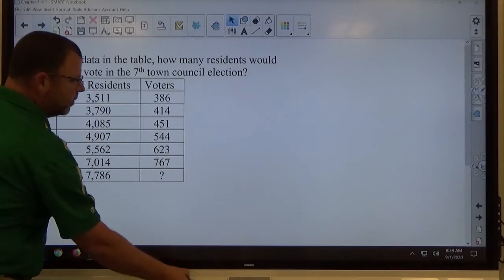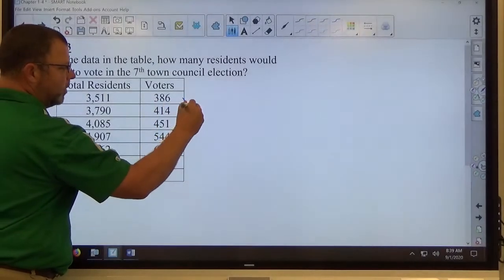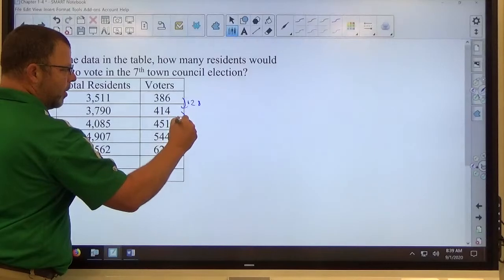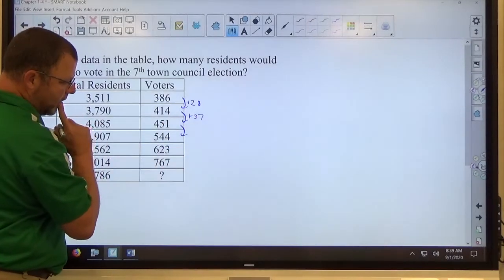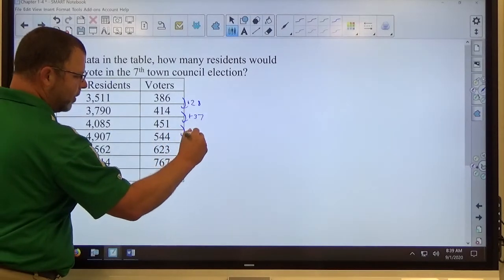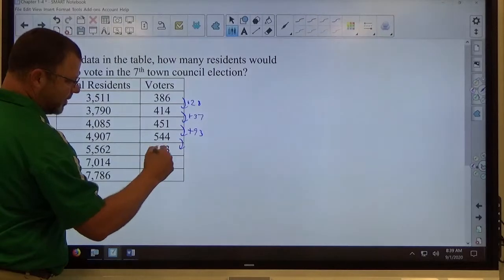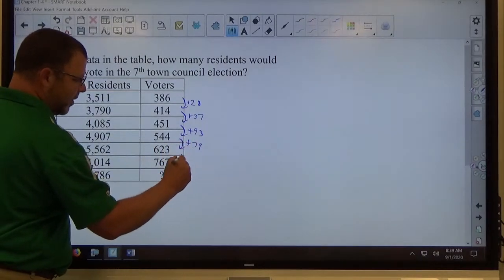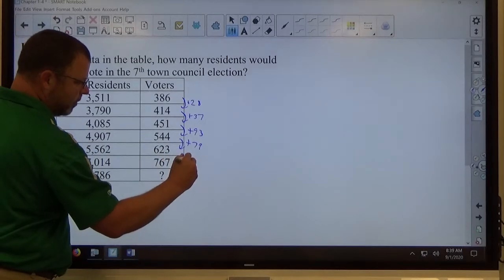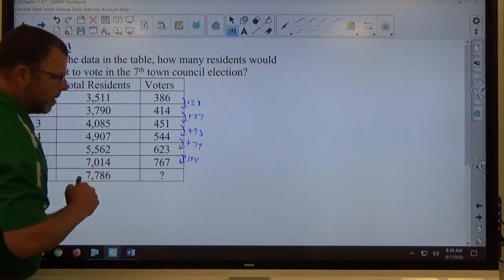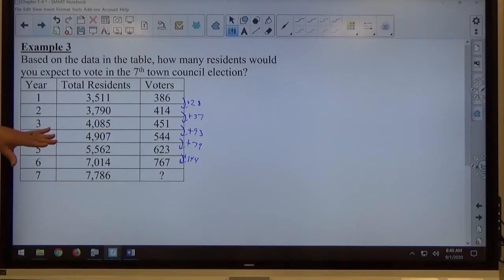If you look at just a quick little addition thing here, that went up by 28, and then it went up by 37, and then it went up by 93, then it went up by 56 plus 23 is 79, and then it went up by 77 plus 67, 144. So there's not any real rhyme or reason to this increase.